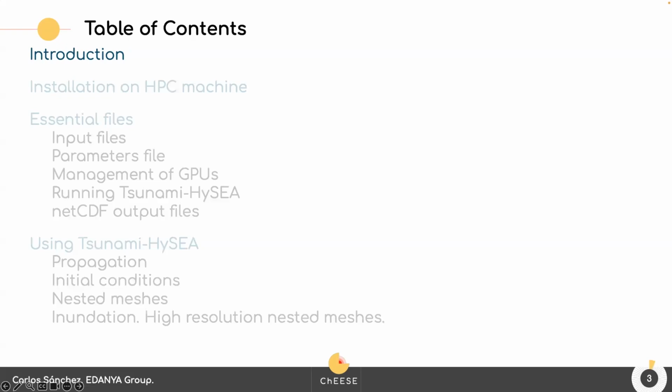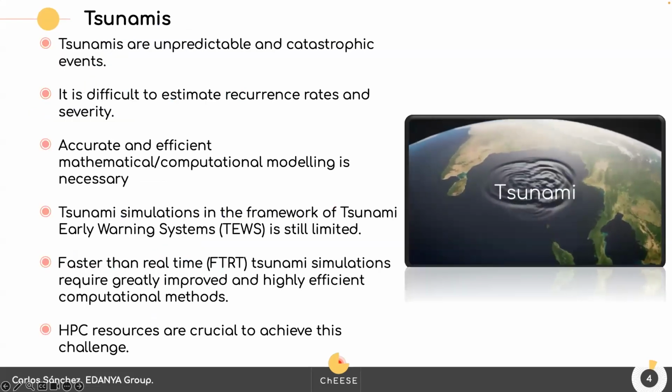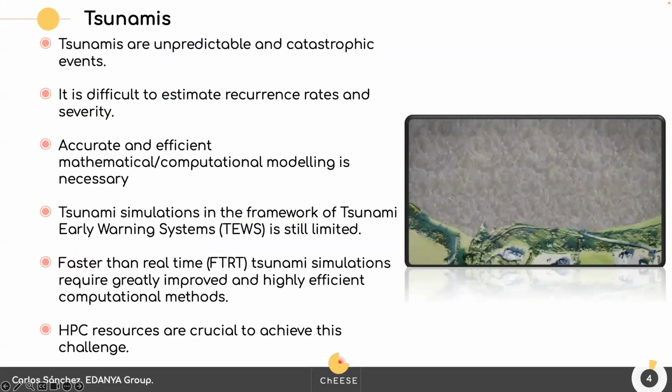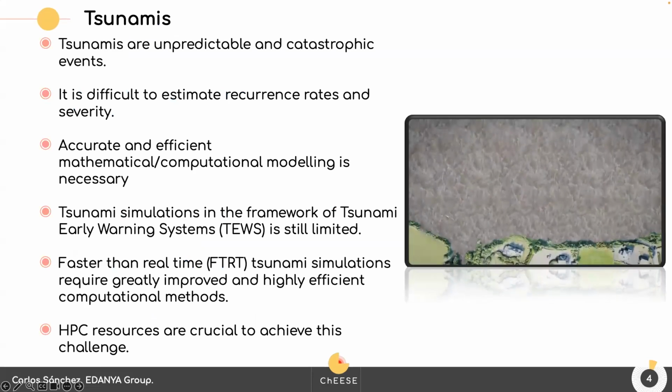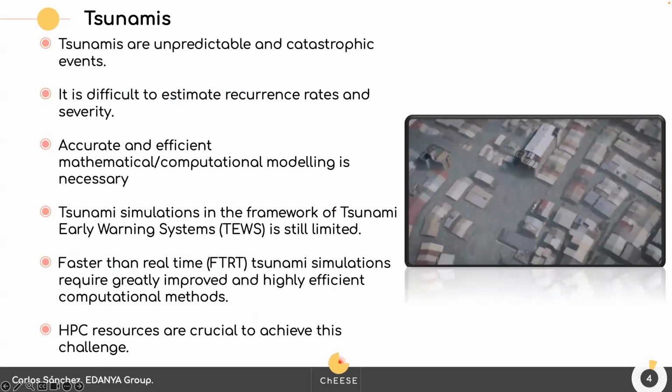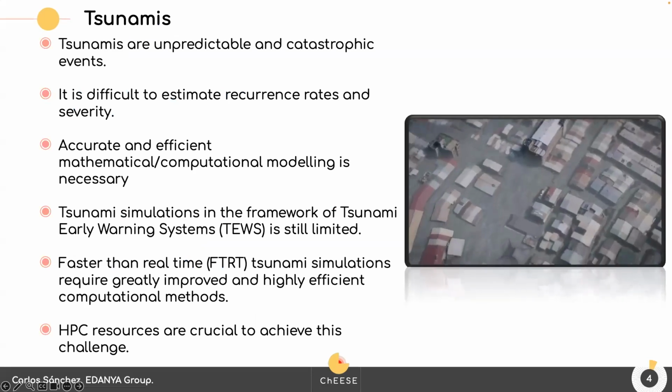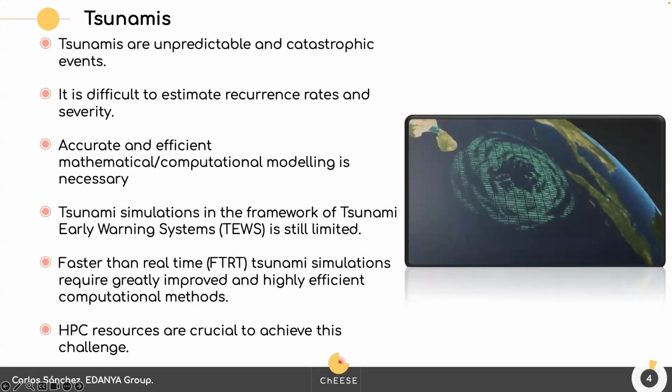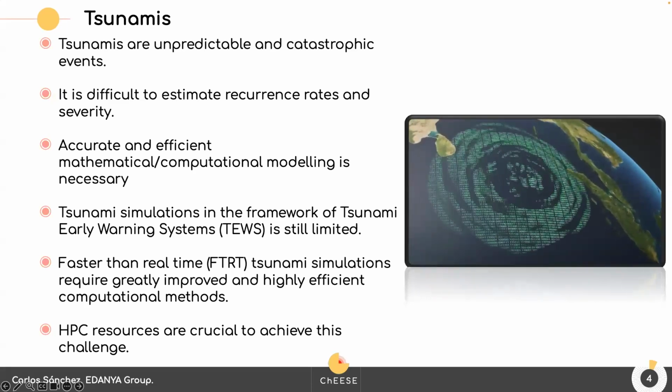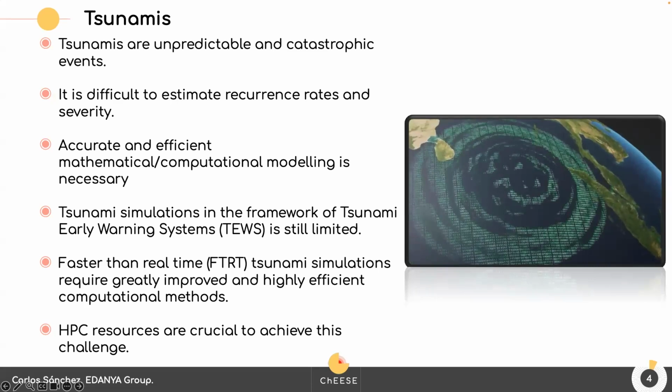Okay, so let's start. Let me start talking about tsunamis, what they are, and which are the main difficulties in their modeling and numerical simulation. As you know, tsunamis are unpredictable events and catastrophic in their potential for destruction of human lives and also the economy.